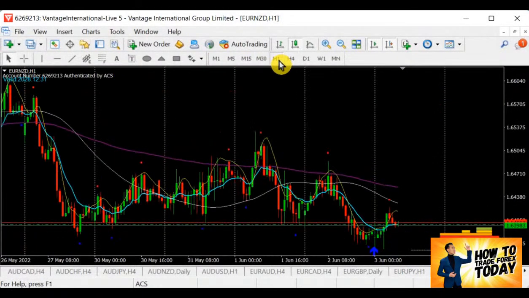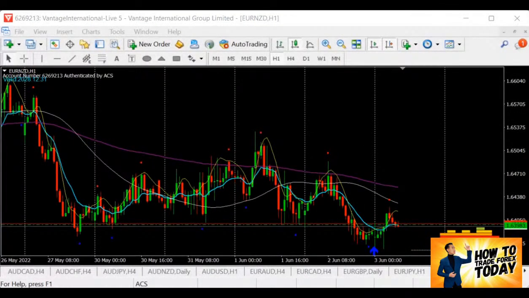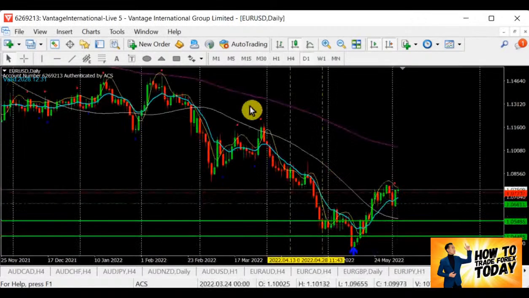So in this case, is it good to put Euro Kiwi into the watch list? I would say yes. However, please make sure that it is staying below the previous support level, which is now the resistance. Let it retest first.